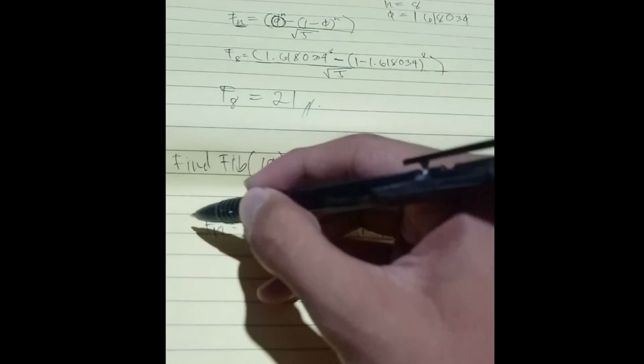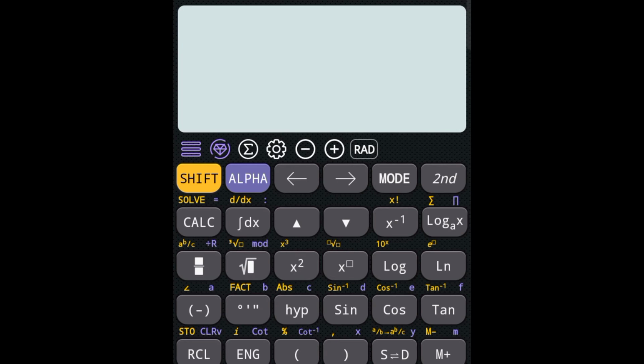Right now we're going to solve it again using the scientific calculator, so we're going to repeat the process.